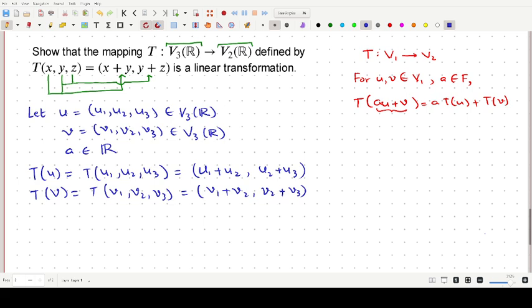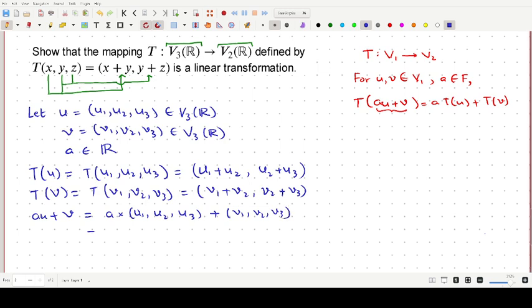All right, now we will find out what au plus v is in our problem. So au plus v is a multiplied by u1, u2, u3, so this is a scalar multiplication going on here, plus v, that is v1, v2, v3.